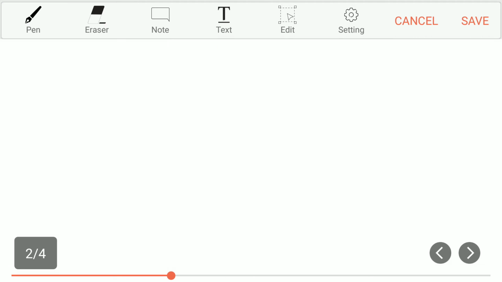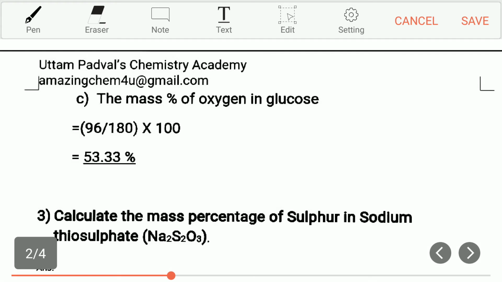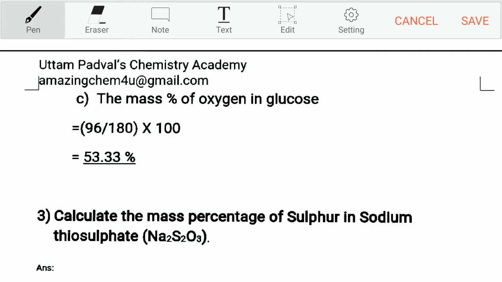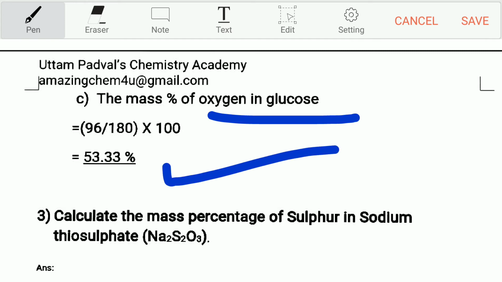Now we will calculate mass percentage of oxygen in glucose. So in 180 gram of glucose, the mass of oxygen is 96. Therefore the mass percentage of oxygen in glucose is 96 divided by 180 into 100, that's 53.33%.